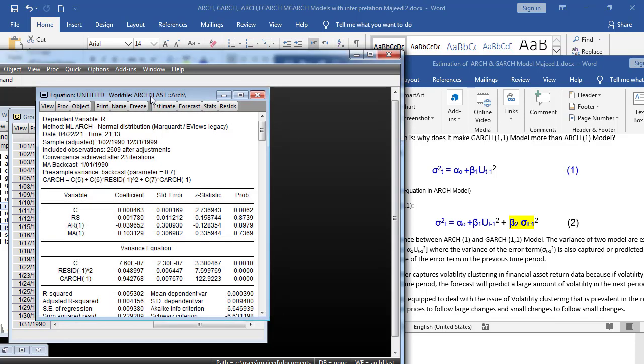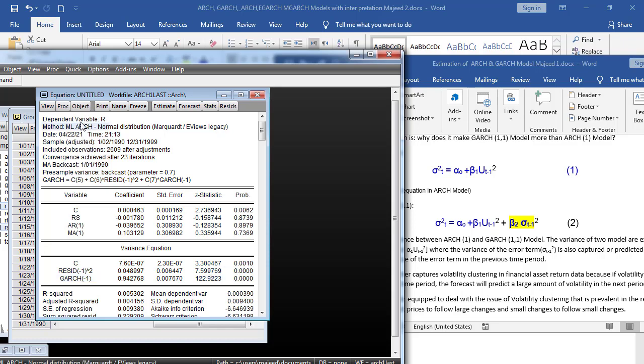This is the outcome. As you can see, we have the mean equation and the variance equation. The constant, residual lag 1 square, which is the ARCH term, and GARCH lag 1, both of them are statistically significant.